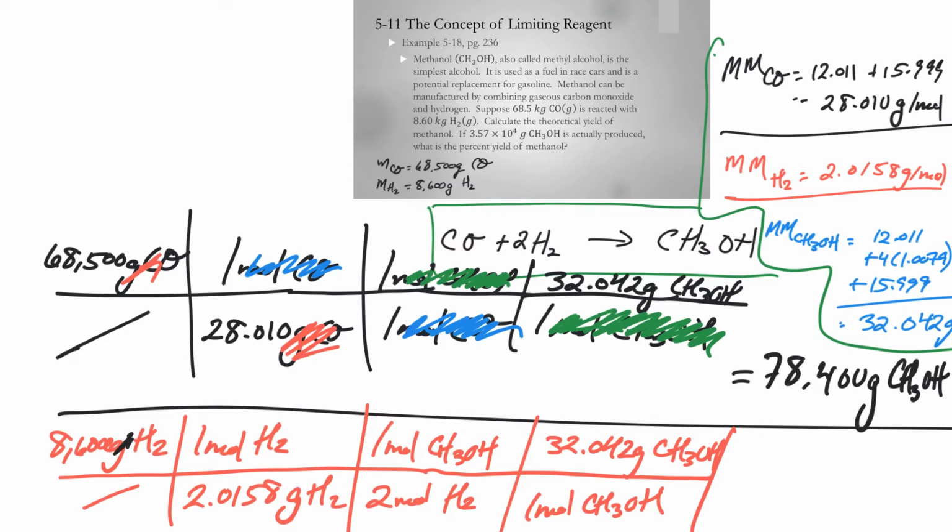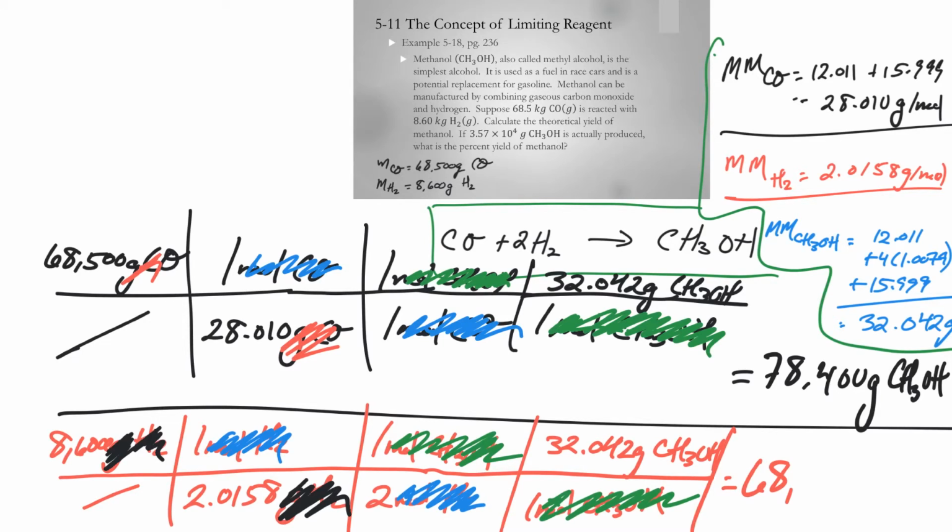Grams of hydrogen cancel out, moles of hydrogen cancel out, moles of methanol cancel out, and we get 68,400 grams of methanol, again to 3 significant figures.